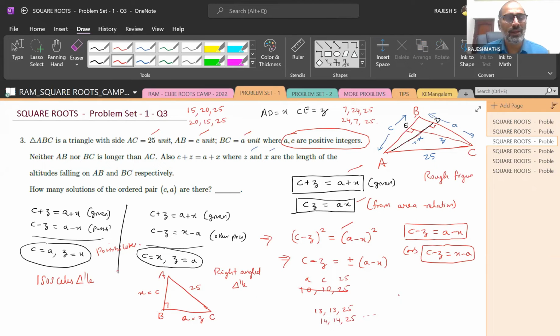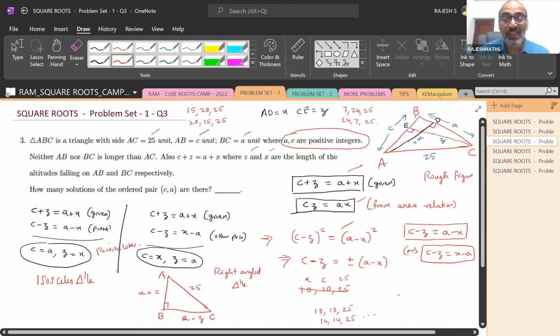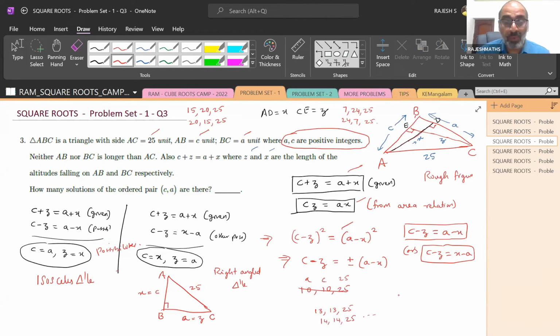C may be smaller than Z, larger than Z, or equal to Z. The only thing is you have to check that the lengths are positive. So plus or minus A minus X works. You get C equals A, Z equals X, an isosceles triangle. C equals X, Z equals A, a right-angled triangle.